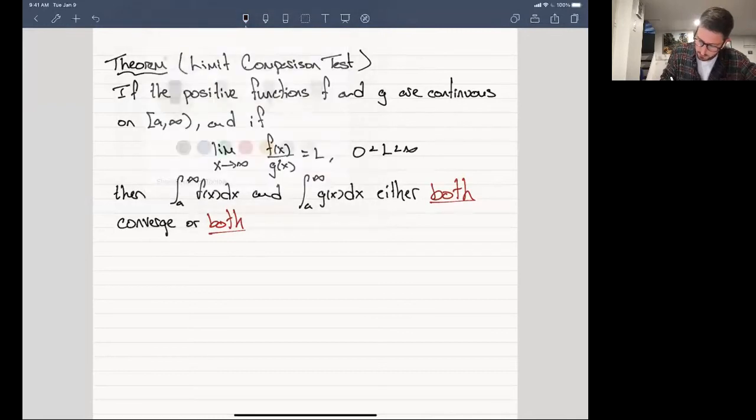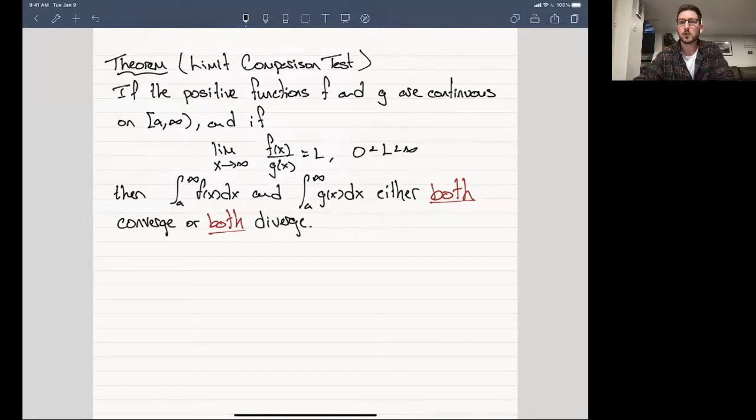So they have the same behavior. They could be wildly different looking functions, but the point is, if they have the same sort of asymptotics, if they have the same big O, if f is equal to big O of g, g is equal to big O of f, then their integrals are either both finite or they're both infinite.